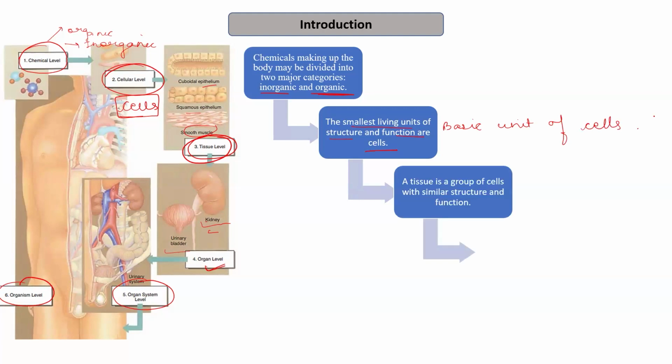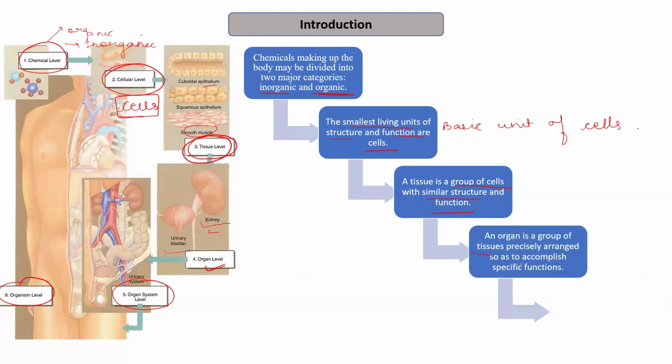As I mentioned, a tissue is a group of cells with similar structure and function. So these cells acquire a particular structure and function and form a tissue. Then the organ level of organization is a group of tissues which are precisely arranged to accomplish a specific function. As I mentioned, for example in the kidney, there are various tissues which are arranged to perform a particular function like excretion or osmoregulation, etc.